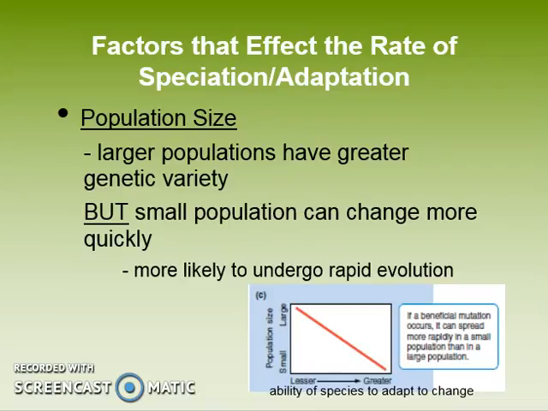However, larger populations have more genetic diversity, so larger populations usually can adapt pretty well because of that, but they're actually considered less able to adapt than a smaller population, just because within a small population, your gene frequency can change faster. So your adaptation can occur faster in a small population.